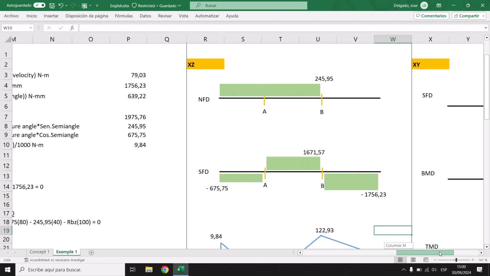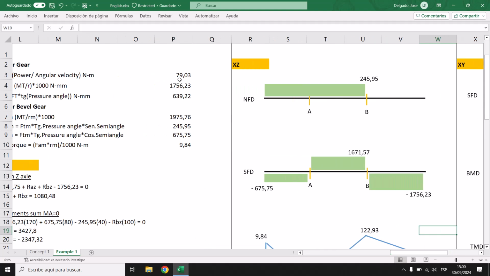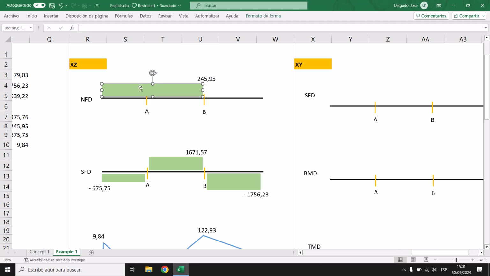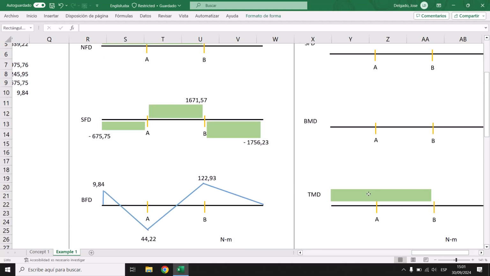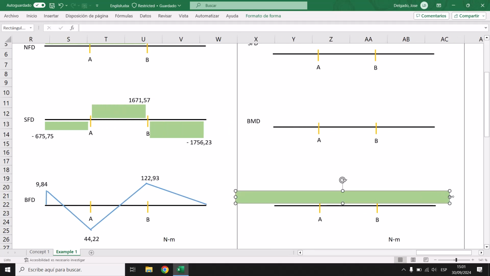So I'm just going to copy this, and the value is going to be 79.03. It is on the entire shaft. Okay, the value for this is 79.03.